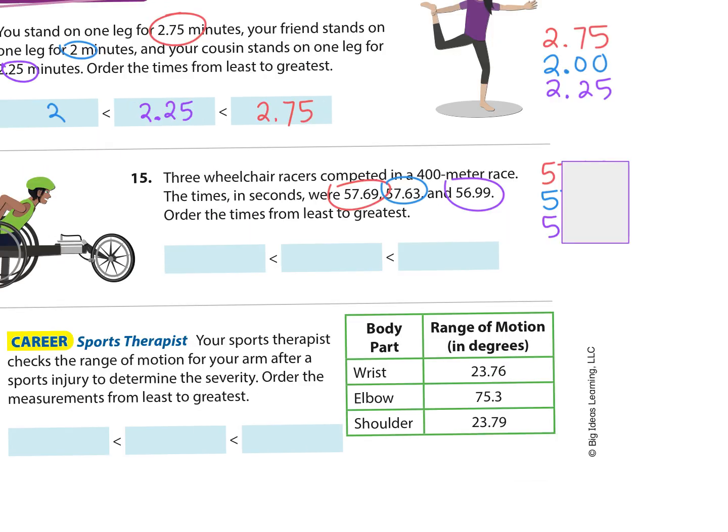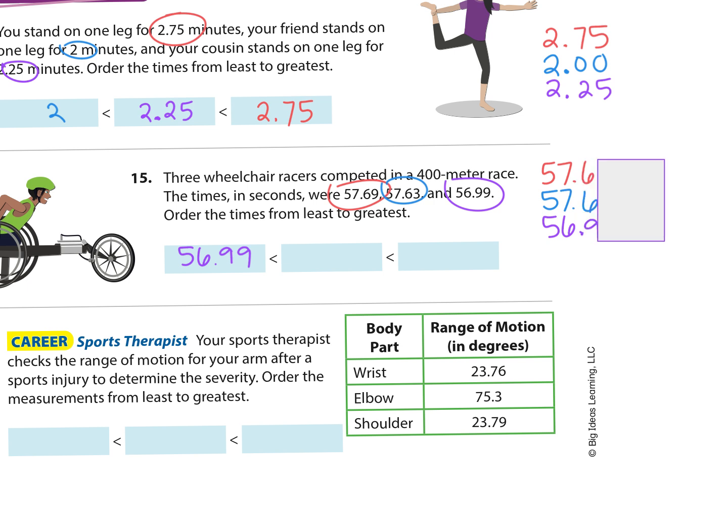Okay, so if you stacked your numbers, looking at the very first digit, the 5 in the 10s place, can I tell which one is the least? No, I can't. Can I tell by looking at the ones digit? Okay, so which one's going to be written first? 56 and 99 hundredths. Okay, I still can't tell between the red and the blue ones that I've color coded.